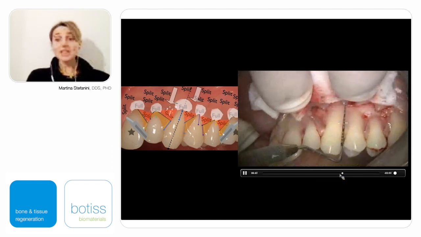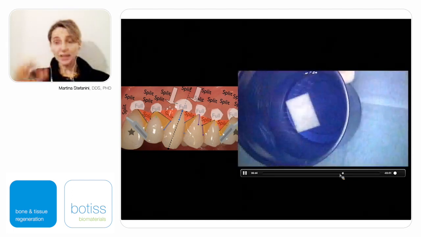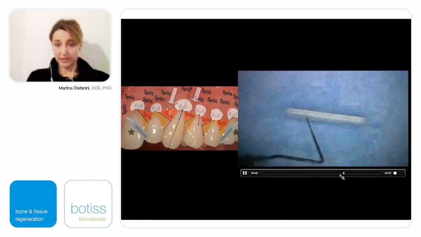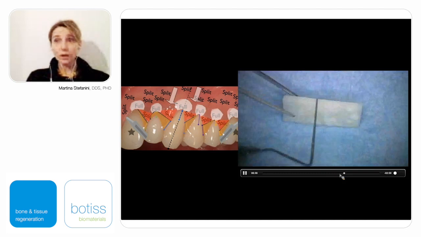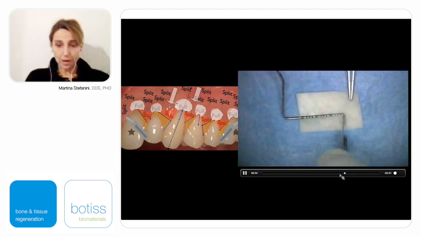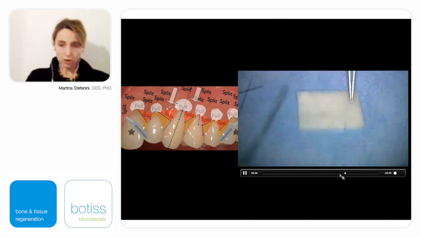And now, since at the level of the canine and of the premolar, at the baseline, we evaluated that we have enough keratinized tissue to obtain a stability of the flap, we don't need to add a connective tissue graft.